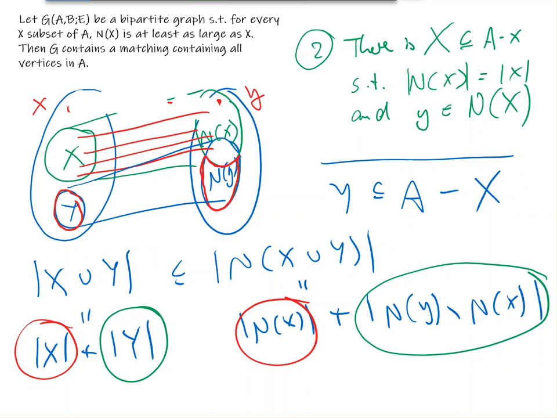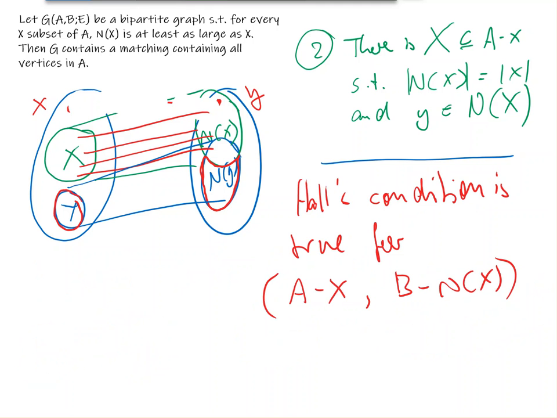Hall's condition is true for this smaller graph where I delete all the green stuff up there. So, by induction, we have a matching. Where do we have a matching?